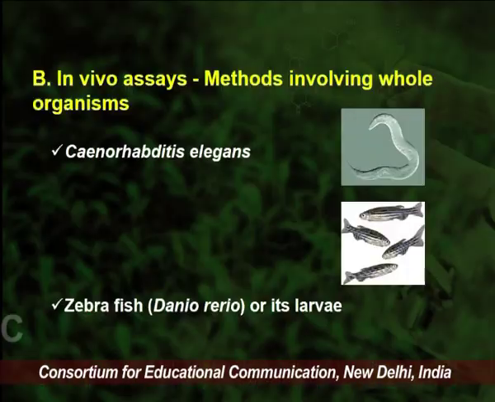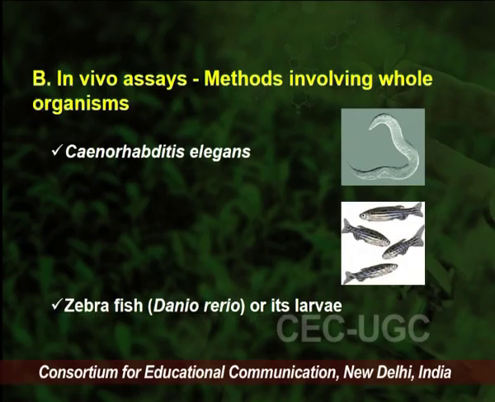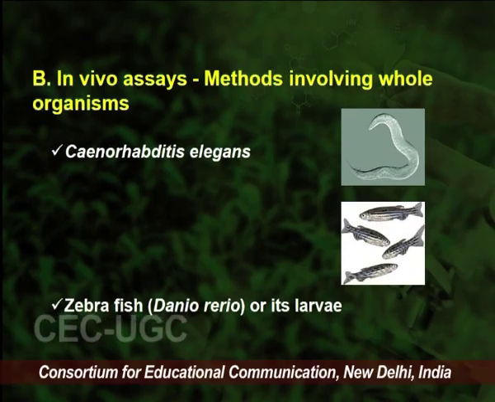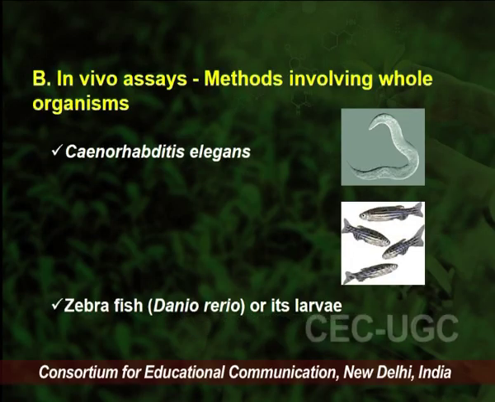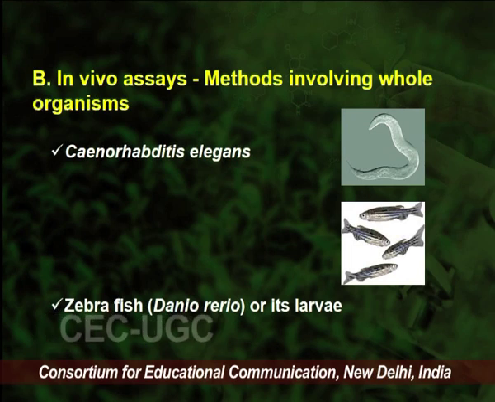The second category is of in vivo assays, wherein the impact of drug is observed inside the entire organism. And largely two organisms are most widely used in high throughput screening: Caenorhabditis elegans and the other one is the zebrafish. C. elegans is a nematode, and zebrafish, as the name indicates, is a fish.